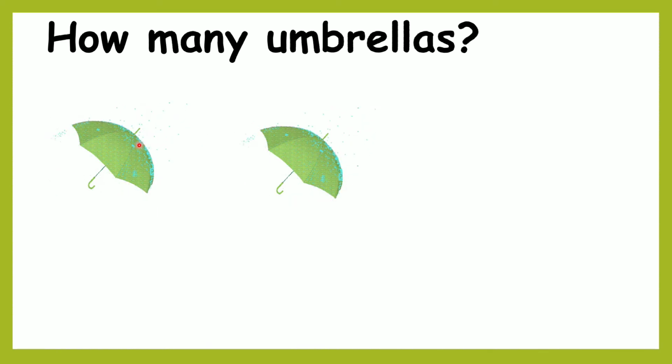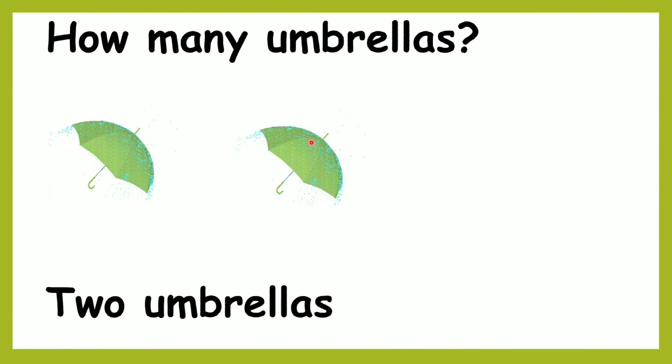Correct. 2 umbrellas, and that is the number 2. This is how we write 2 in words, and this is how we write the number 2. So how many umbrellas?